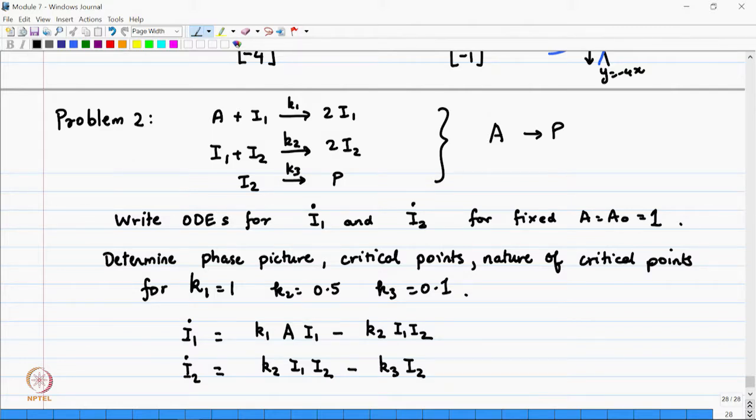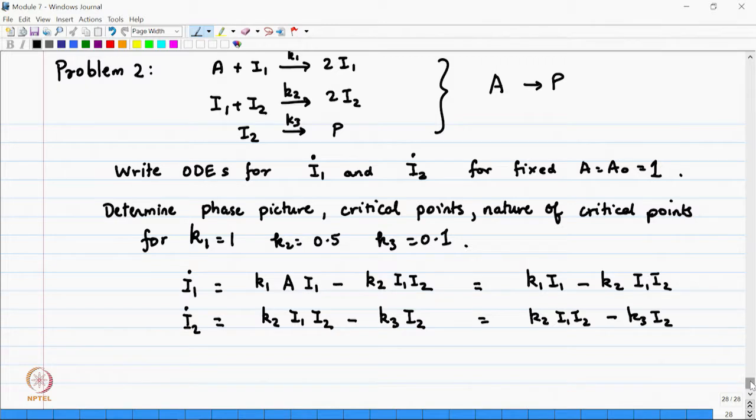Okay. And if A is equal to A0 equal to 1, then this looks like K1 I1 minus K2 I1 I2, and this looks like K2 I1 I2 minus K3 I2. So, this is the first thing that you have to write, the ODEs for I1 dot and I2 dot at fixed A equal to A0 equal to 1.